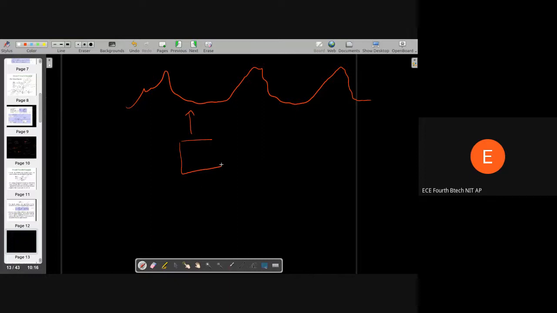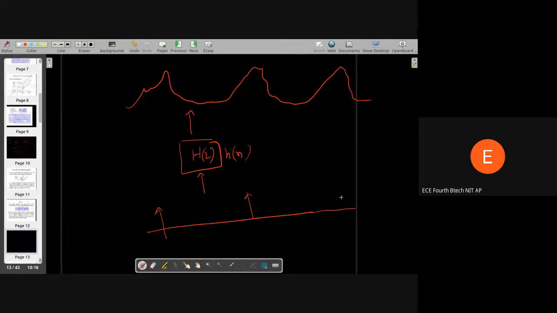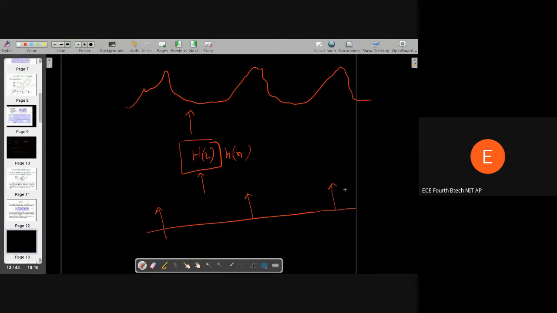It was produced by a filter, H(z) or h(n), and there was a periodic train of impulses, which we'll call u(n) here.